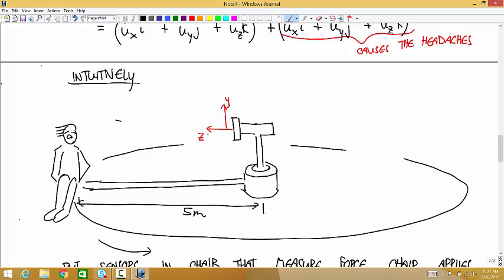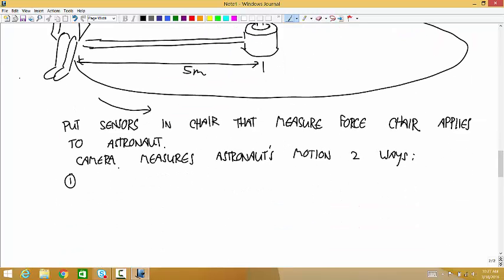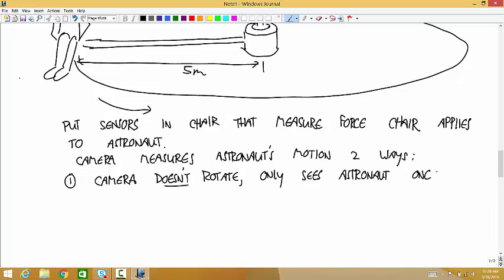You know what I mean? So the camera doesn't rotate, and so it only sees the astronaut once per rotation.